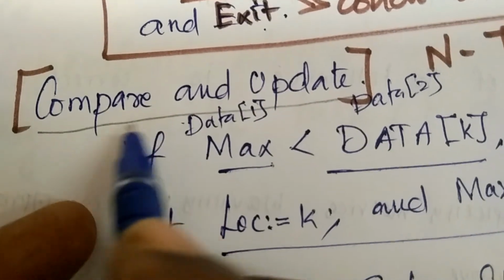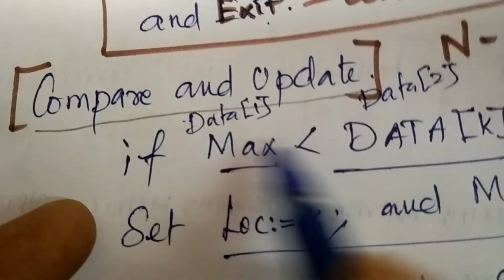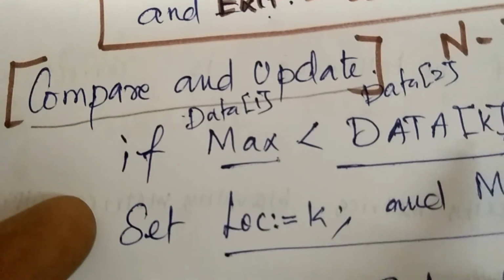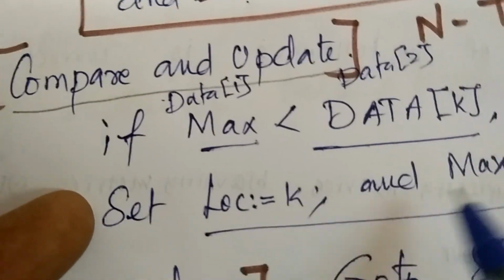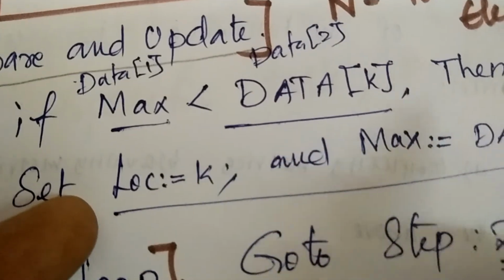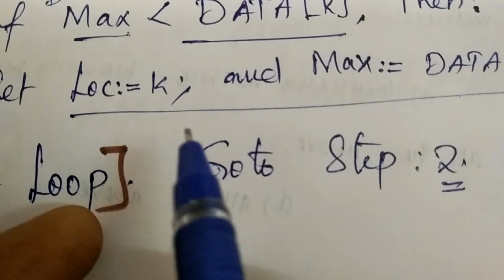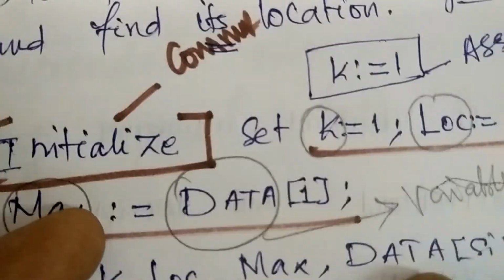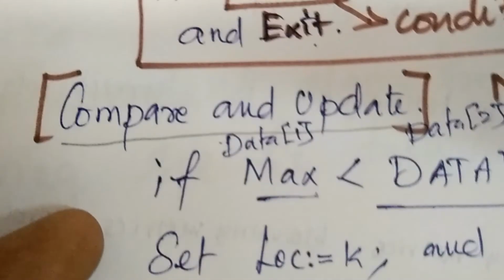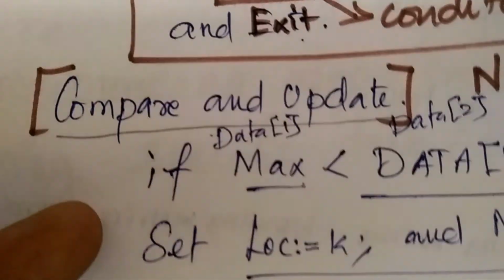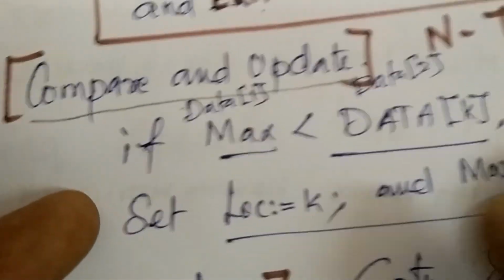This is a compare statement, a condition as a control. If the condition is true, you change the location and change the maximum value. According to this example algorithm, these steps are followed up to the end of the number, when the maximum number of elements is reached.